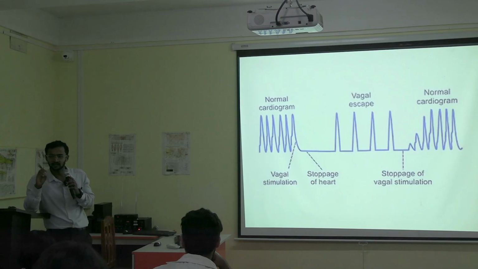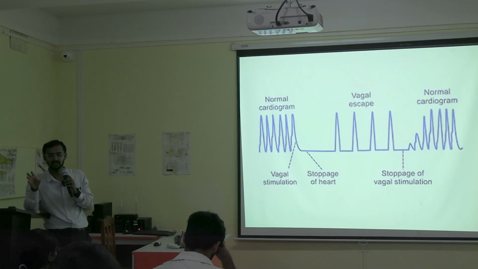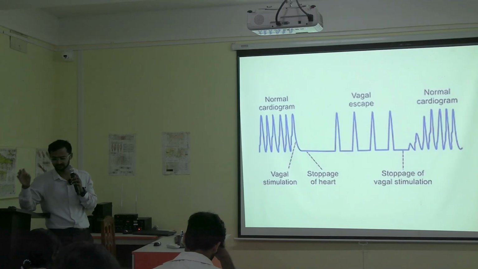The atrium and the electrical conducting system are supplied by both the sympathetic and the parasympathetic nerves. The ventricle is the only part which is not supplied by the parasympathetic. It is supplied by the sympathetic, but not by the parasympathetic.